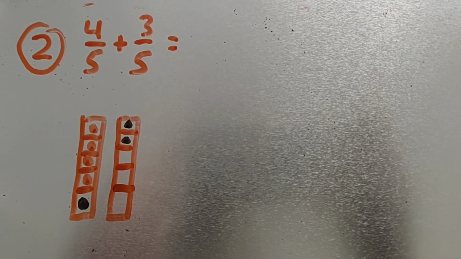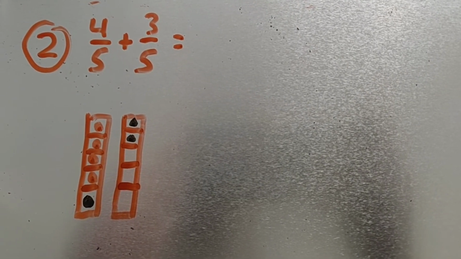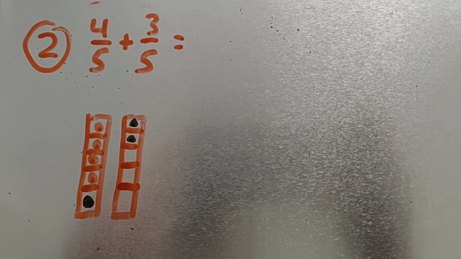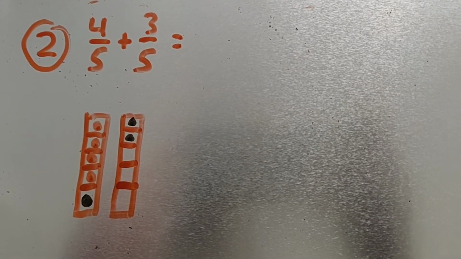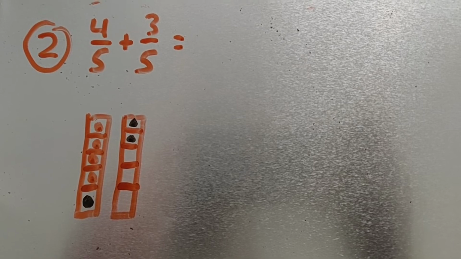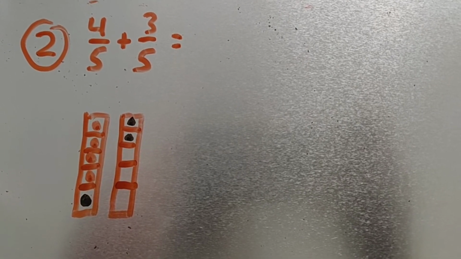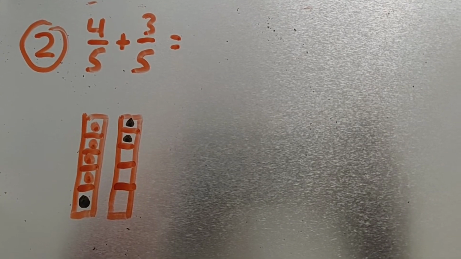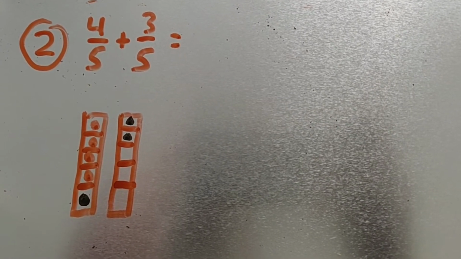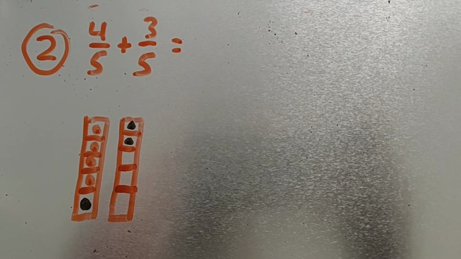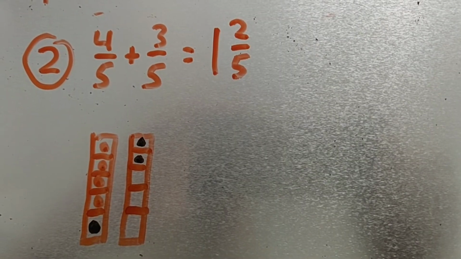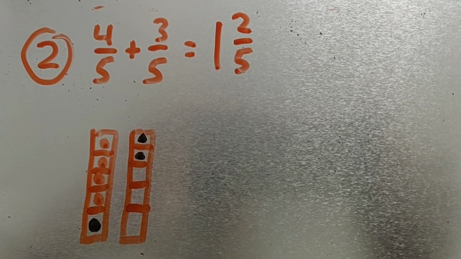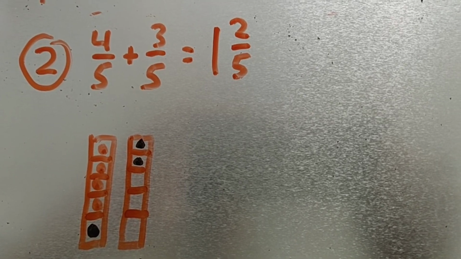I was able to get one more fifth in the model on the left, and then I had to go ahead and draw another model, a 5-part model on the right, to get the other 2/5 for the 3/5. So when we add together 4/5 plus 3/5, we get 1 and 2/5. So 4/5 plus 3/5 equals 1 and 2/5.